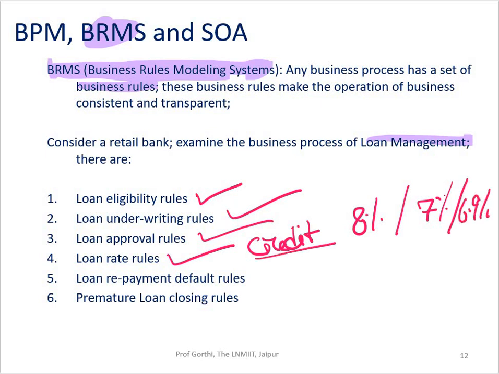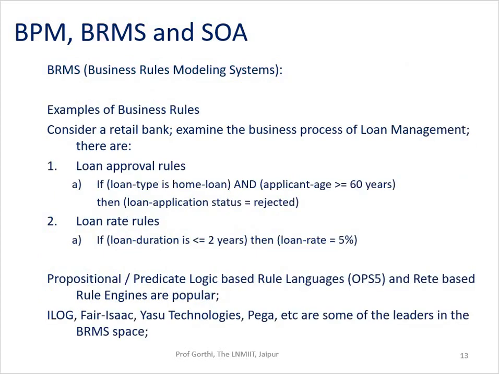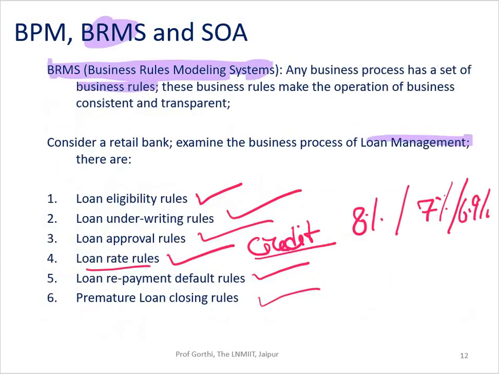It depends on the credit and the rate rules. Then loan repayment default rules. If someone is a defaulter in repaying the loan, then there will be some rules. Then I have premature closing rules, right? So for anything and everything I have some rules.